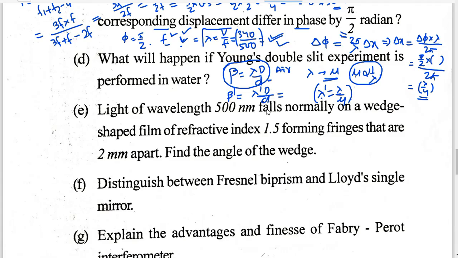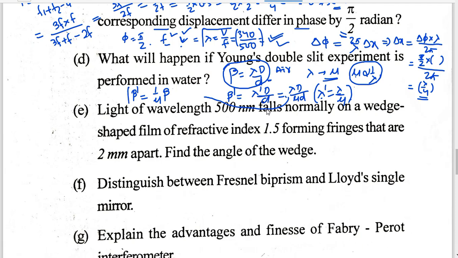So what is the equation? That is equal to lambda into capital D divided by mu into small d. So exactly this will be 1 by mu times. So the result will be beta dash is equal to 1 by mu into beta.